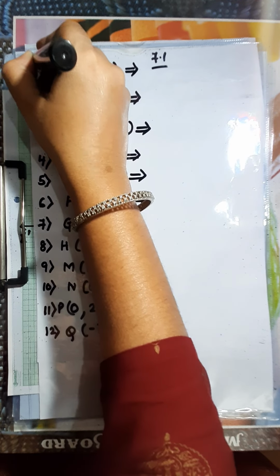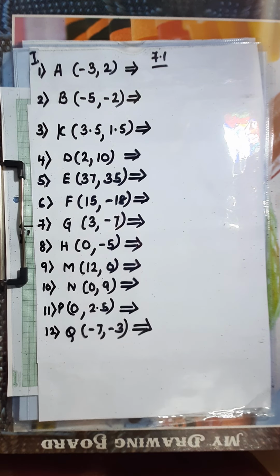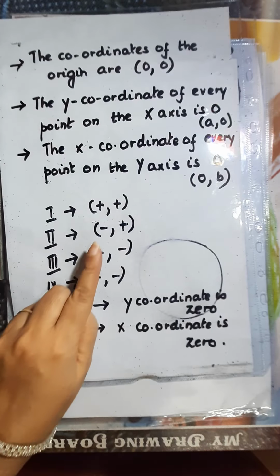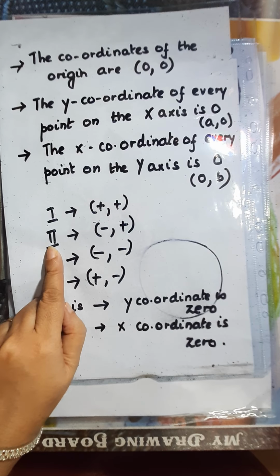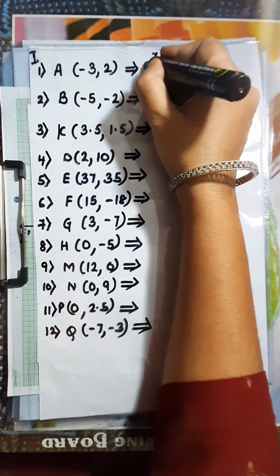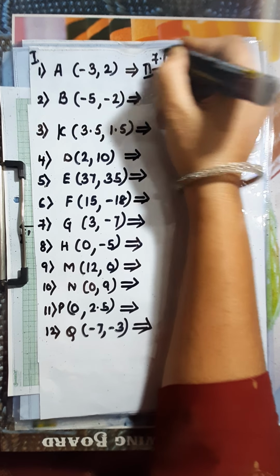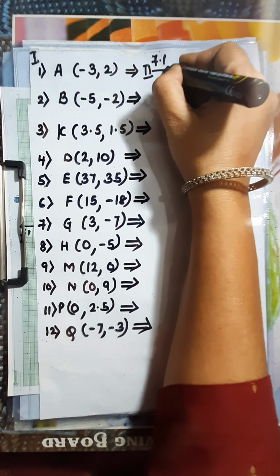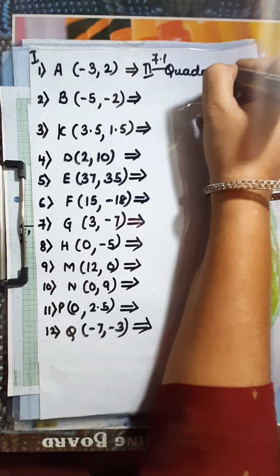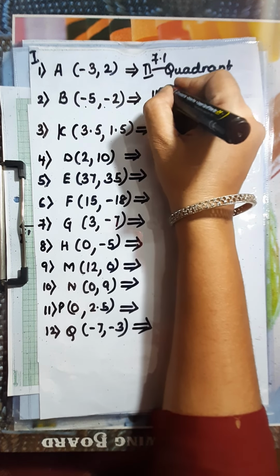Now look at the first one, minus and plus. Let's see this, minus and plus, which one? Second, right? So come on, let's write that, second quadrant. Please write the word quadrant. Now tell me, minus and minus, which quadrant?